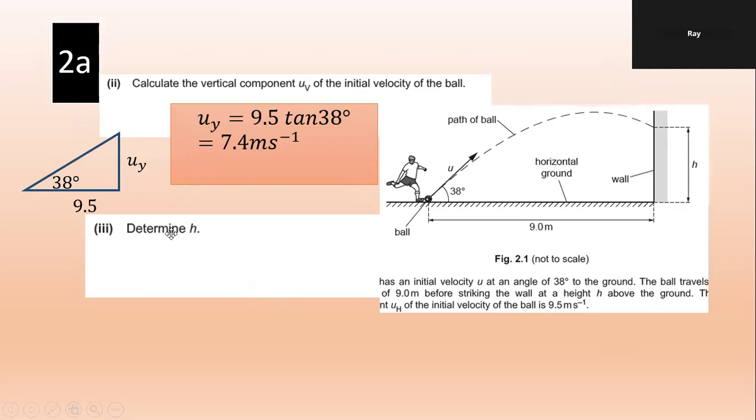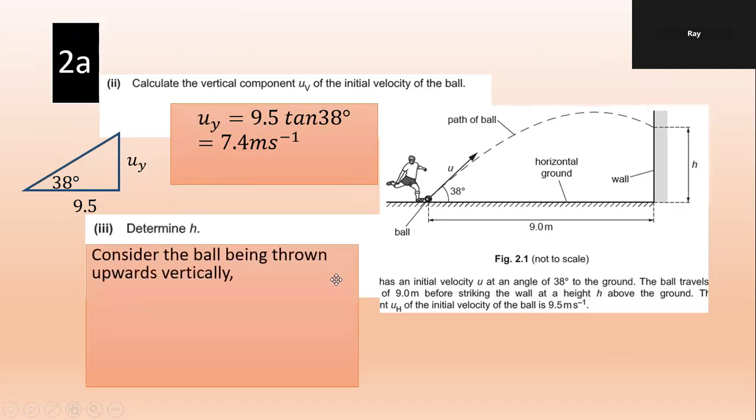Determine the height h. Right? These are values that are given. Consider the ball being thrown upwards vertically. Right? Take upwards as positive. Write down what is given.